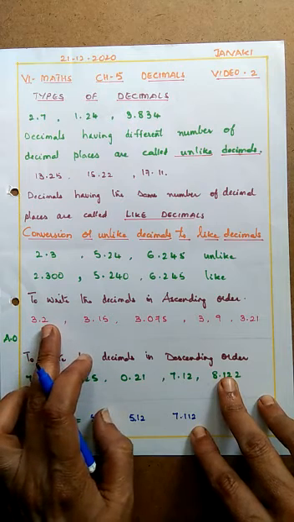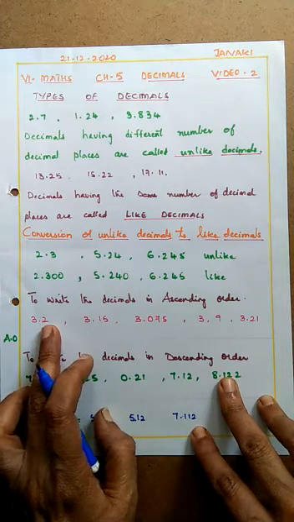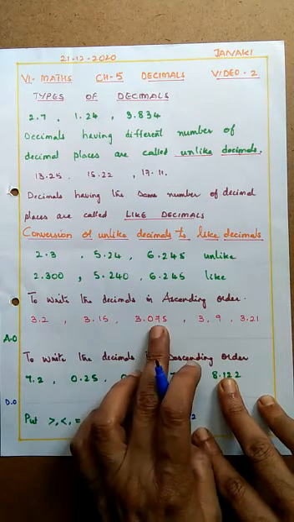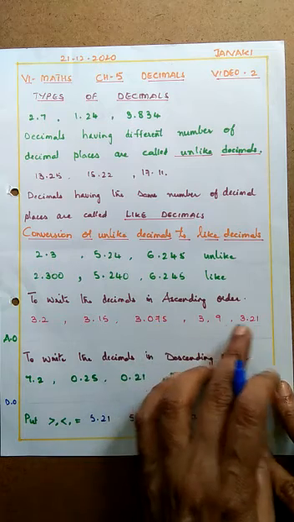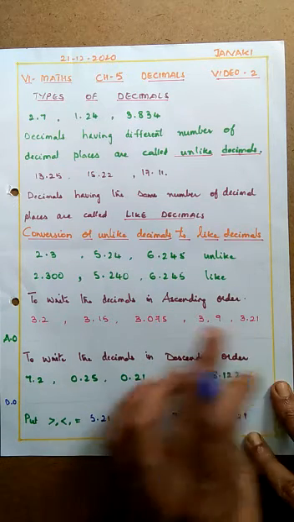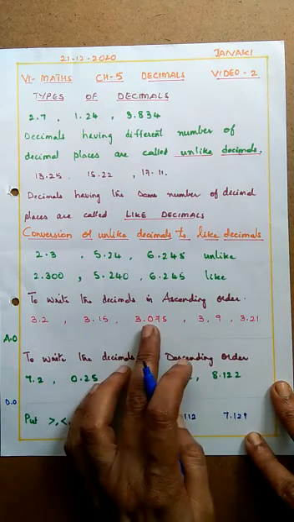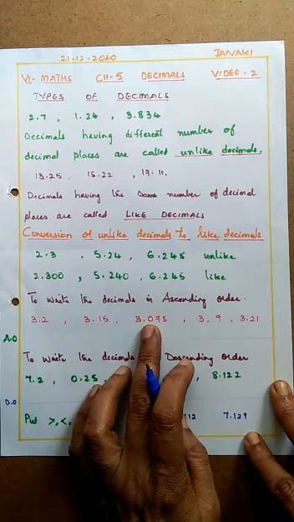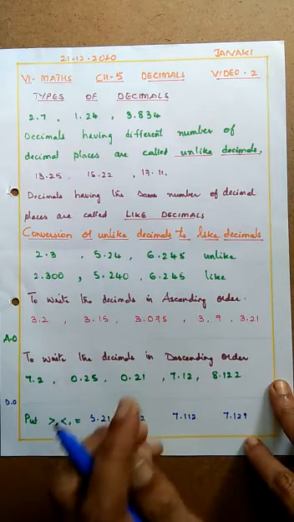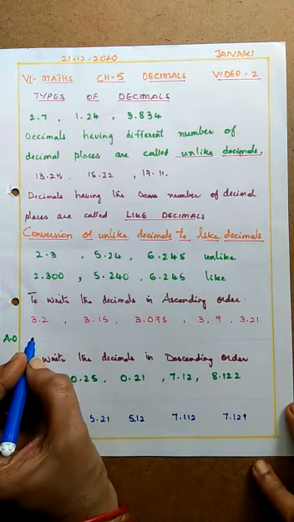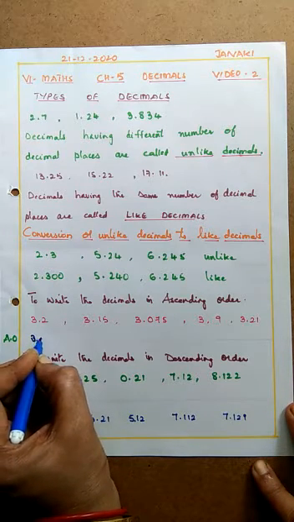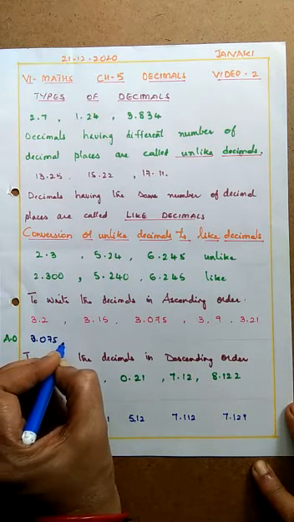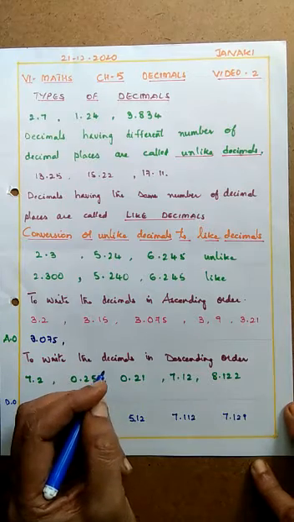Here in 10th place you have 2, here 1, here 0, here 9 and here 2. Of all these, the smallest one is the one with 0 in the 10th place. So in ascending order, you write 3.075 as the smallest one.